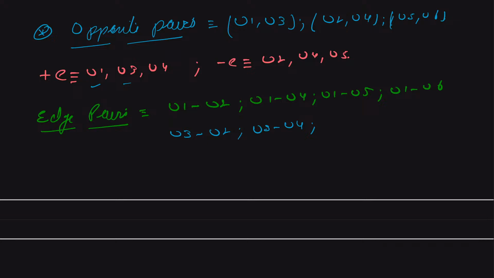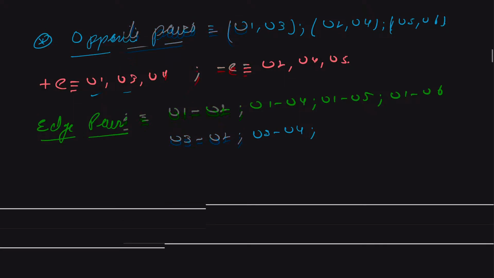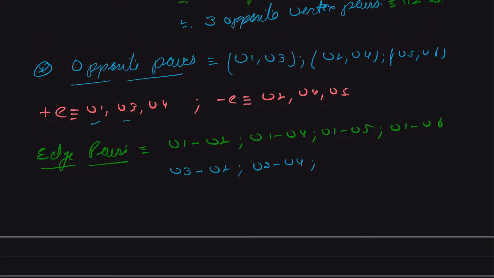Oh, my mistake. This is V1, V3 and V5, and this is V2, V4 and V6.